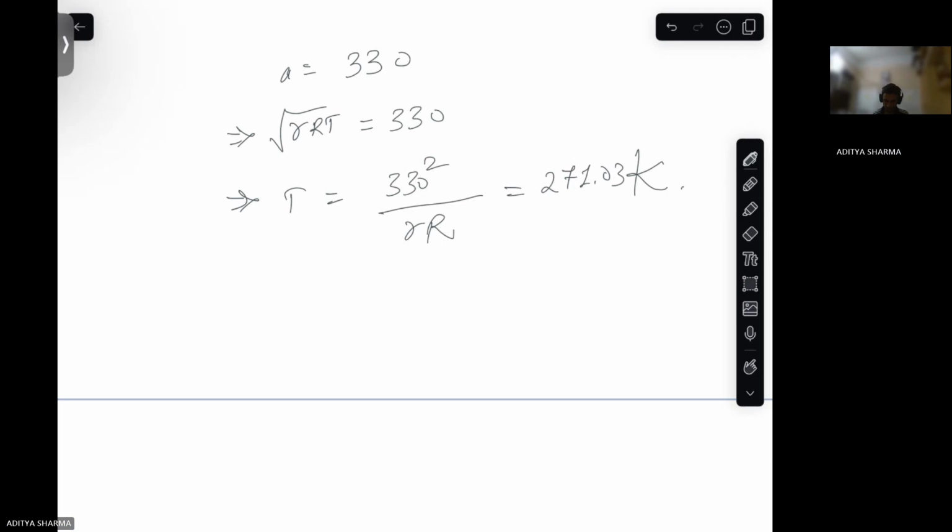So T naught by T is 1 plus gamma minus 1 by 2, 0.58 square.